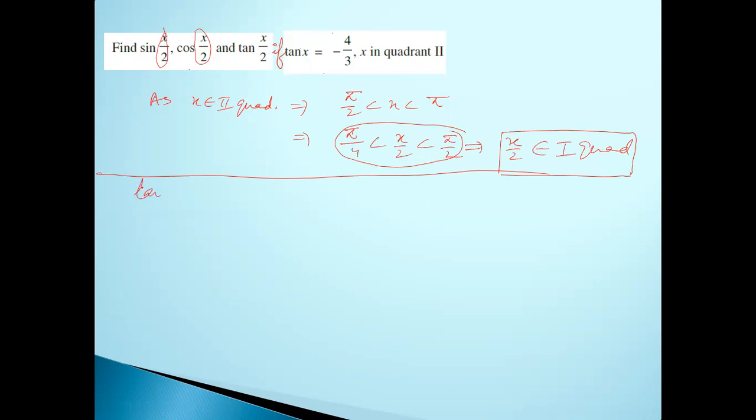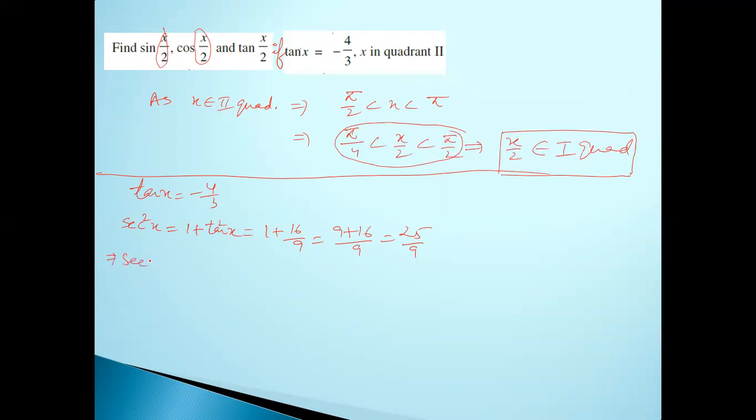As tan x equals minus 4 upon 3, we can find the value of sec x using the identity sec square x equals 1 plus tan square x. That is 1 plus minus 4 upon 3 whole square, that is 16 upon 9, that is 9 plus 16 upon 9, that is 25 upon 9. This is your sec square x.